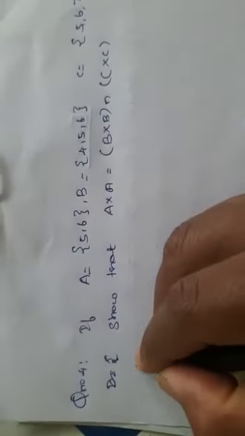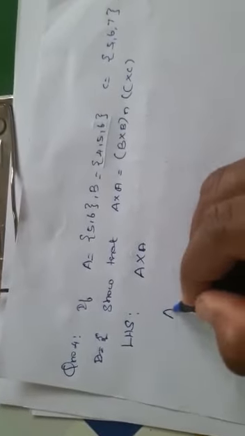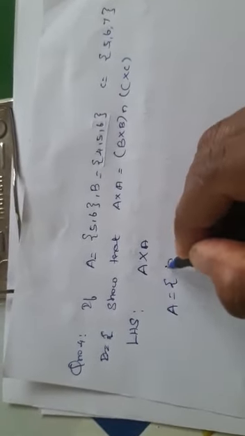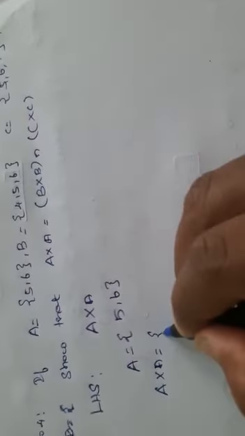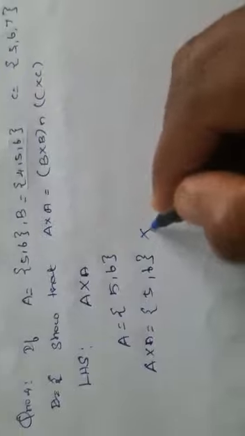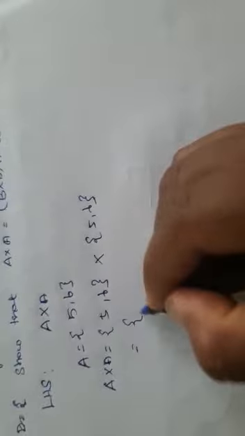So first we'll take the LHS part. LHS part is A cross A. A elements are 5, 6. So first we'll write A equal to {5, 6}. So A cross A equal to {5, 6} cross product {5, 6}. Already I have taught you how to take the cross product for two sets, so we'll write it once.